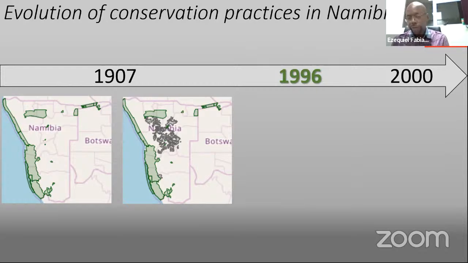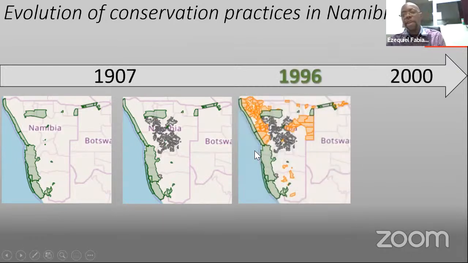So these involve, for example, the removal of fences, and in that way allow the free movement of wildlife across a much larger landscape. And so this really constituted what I call the broadly first era of conservation practice in Namibia.